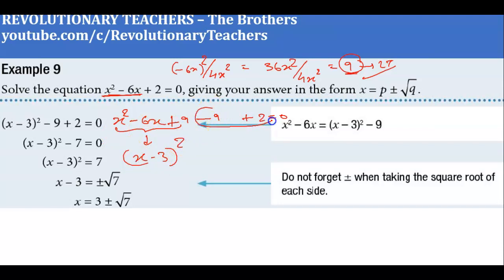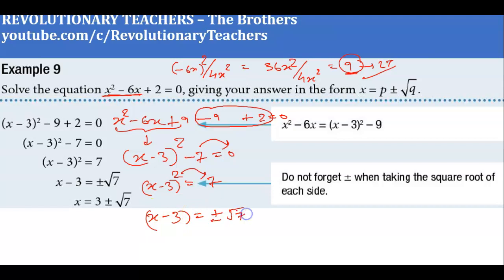Now solve these two separately. You are having minus 7 equals to 0. Send it on the other side. You will have x minus 3 whole square equals to positive 7. When square goes on the other side, it becomes root. And we shall be writing it as plus minus root 7. Now why this plus minus?